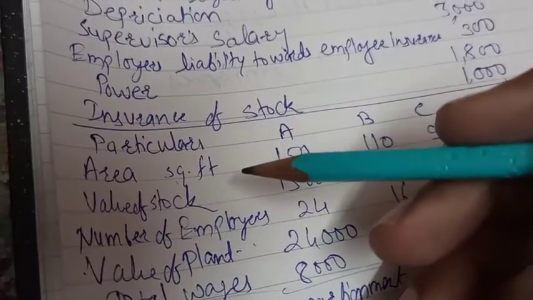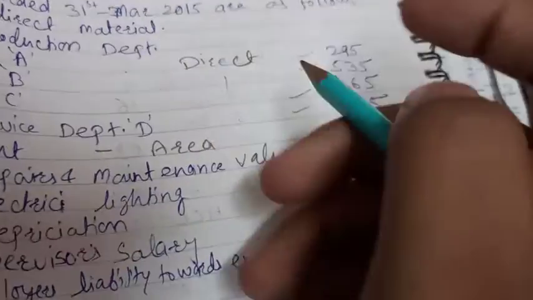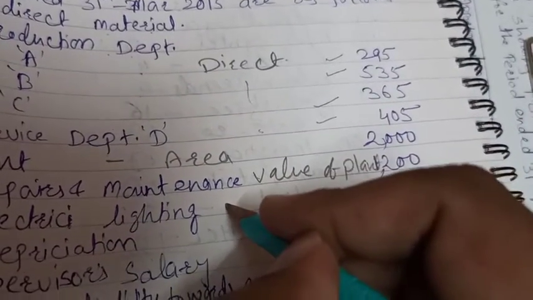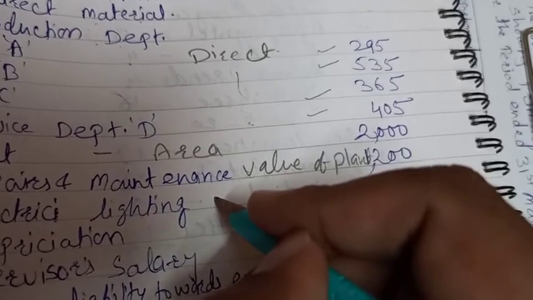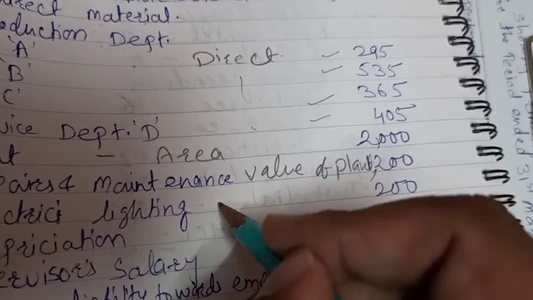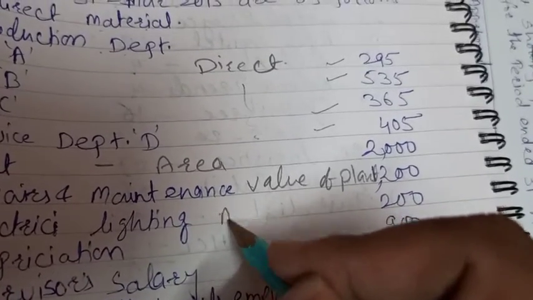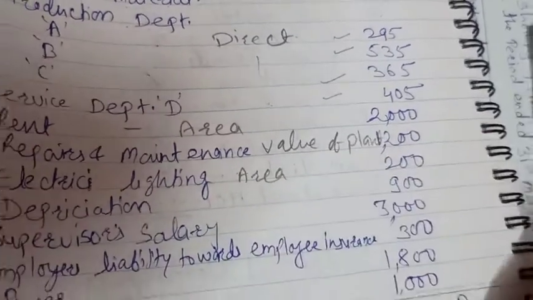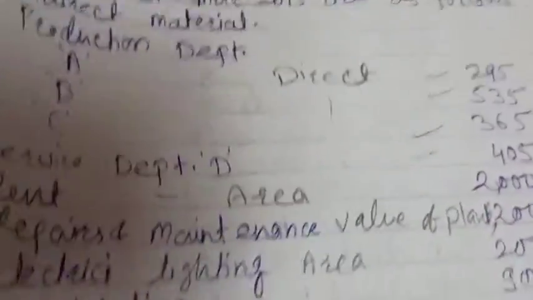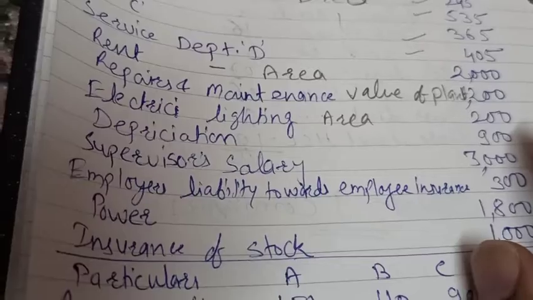So the appropriate basis is area, because the electricity is used as per the area also. How much area is covered by that department, so that much electricity or light will be used by that department. Therefore I always tell you, always choose the appropriate basis.